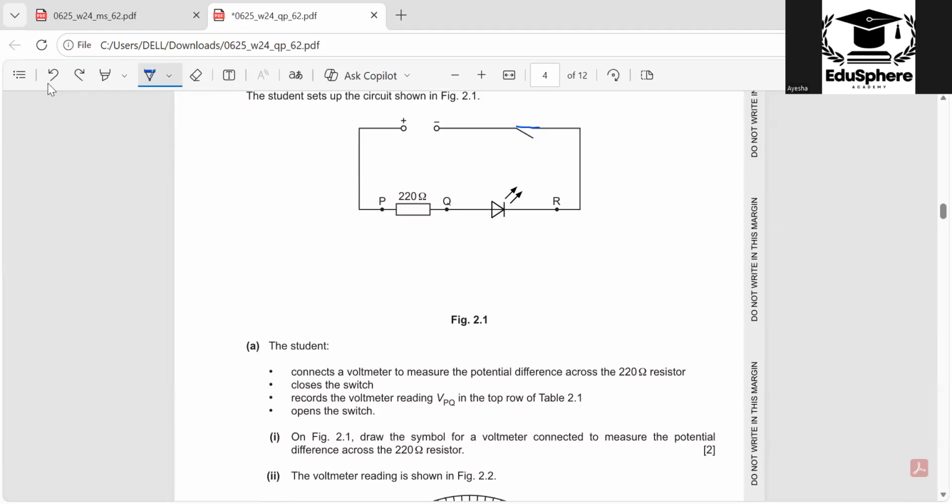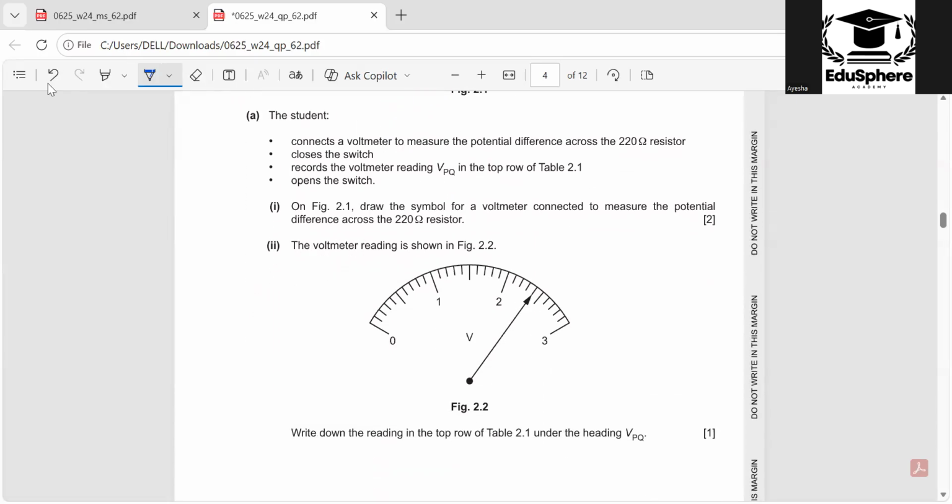Now on figure 2.1, draw the symbol for a voltmeter connected to measure. First we have to connect a voltmeter, because the voltmeter always goes in parallel. So here we will write V, and this is how we have connected the voltmeter. Next we have the value of the voltmeter reading.